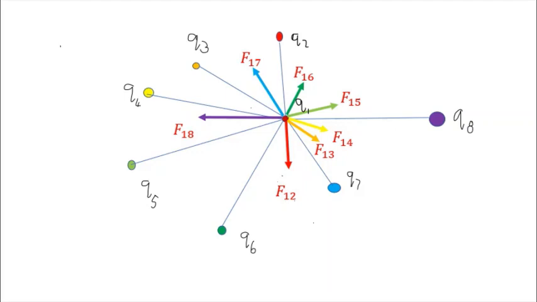It is seen that all these vectors are in different directions. So how can we find the net force on Q1 due to all other charges around it? Here we can find the net force on Q1 due to all other charges by applying the polygon law of vector addition.